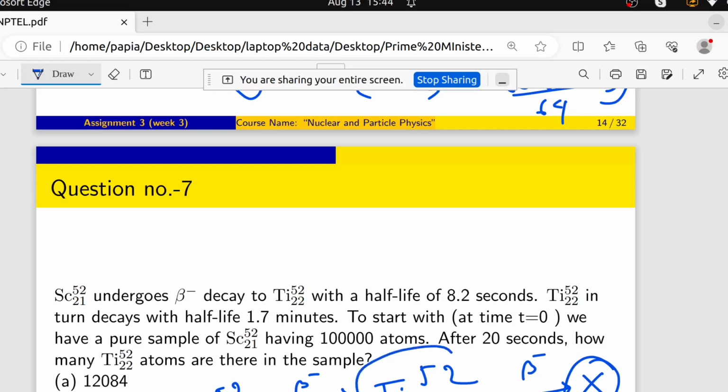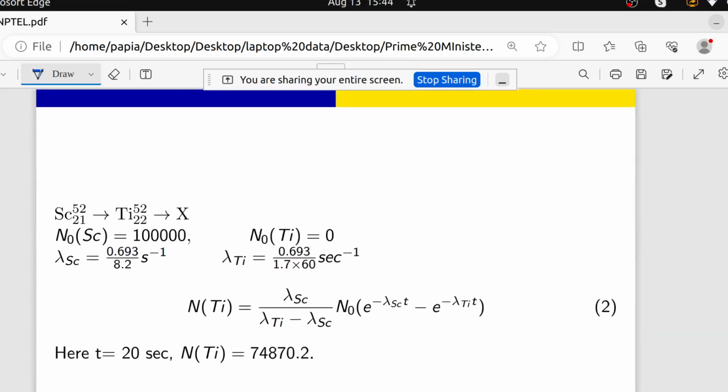That is the question. As I have already mentioned, scandium goes to titanium, titanium goes to X, and the number of scandium is 1 lakh, and at t equals 0 there was no titanium, right? Only scandium was there. So N0 of Ti is 0.